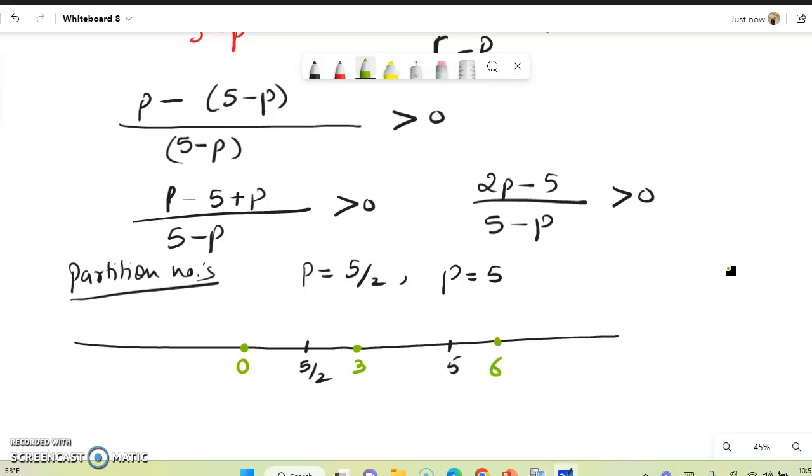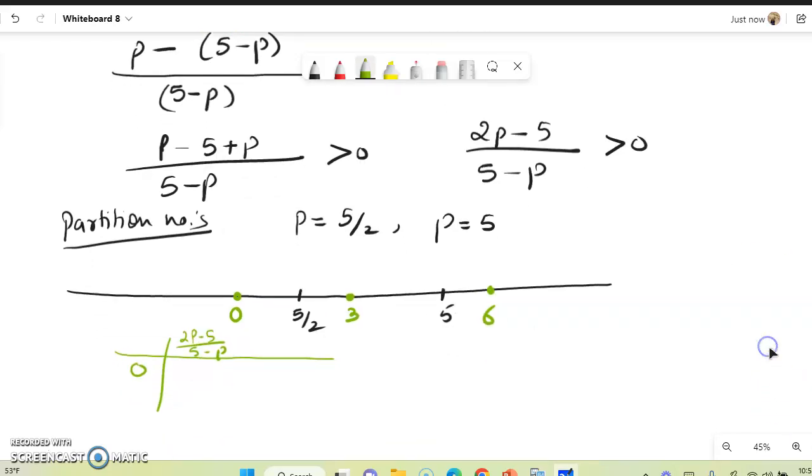So let's plug in 0 in the given function. The function is 2p minus 5 divided by 5 minus p. I'm only concerned whether the function is positive or negative. If you plug in p equals 0, this is going to be negative. If you plug in p equals 3, 2 times 3 is 6 minus 5 positive, and the denominator is 5 minus 3, so that will be positive.